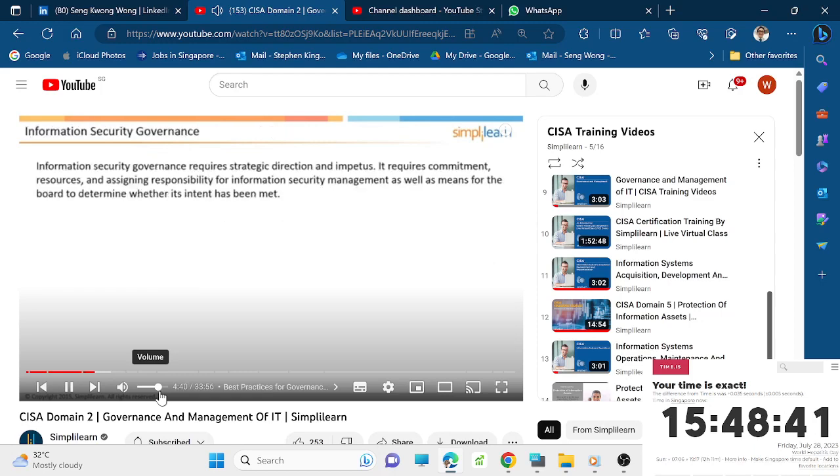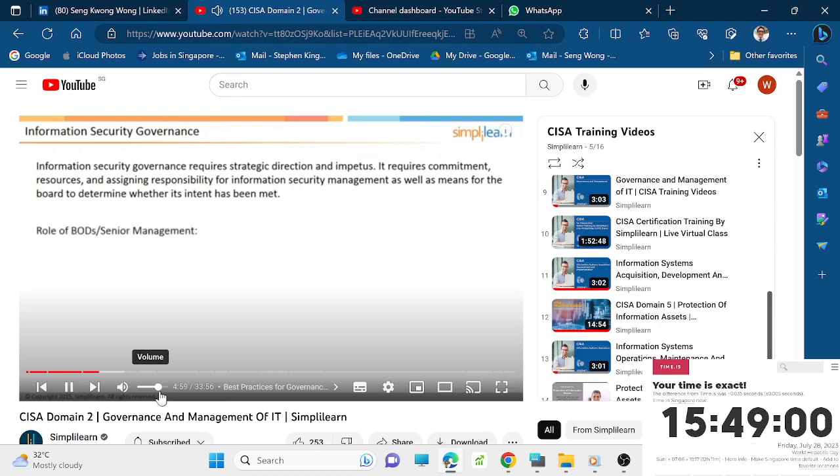Information security governance requires strategic direction and impetus within an enterprise. It requires commitment, resources, and assigning responsibility for information security management, as well as means for the board to determine whether its intent has been met.